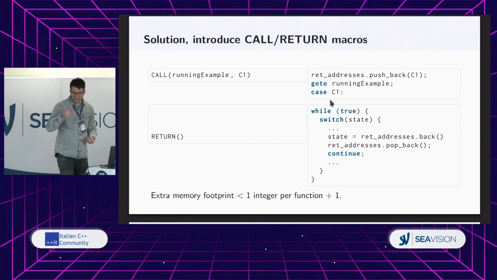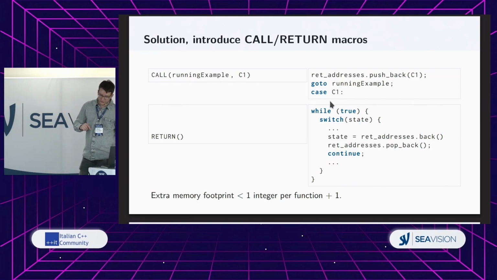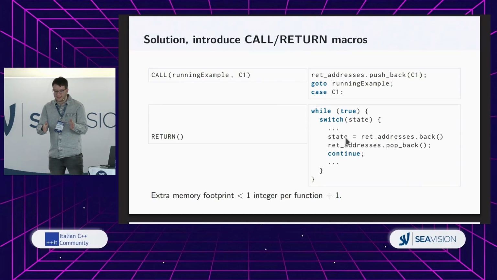And the return, and the trick is now that the original switch that switched over the state is now wrapped into a while true. When you want to perform the return, you take the return address from the state. You set the current state as the last element of the stack of return addresses.